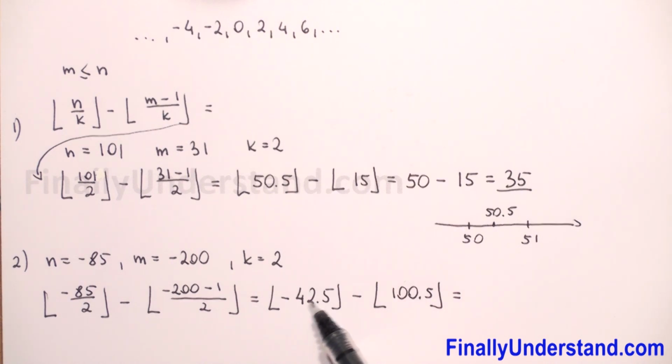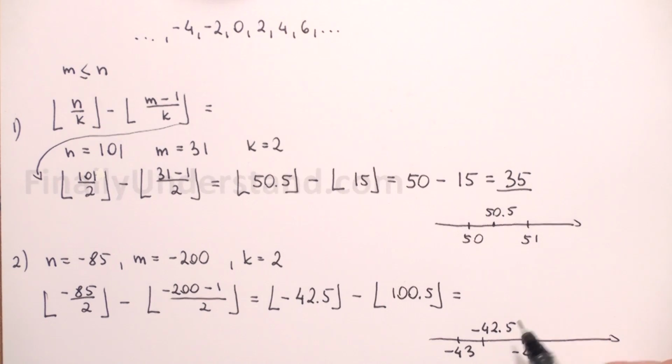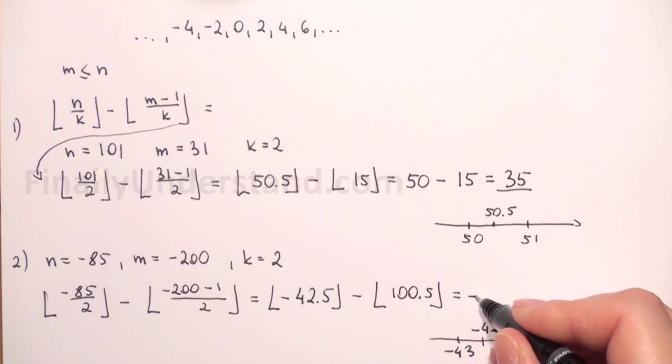You can always draw a number line and find between which integers this number is. So we have -42.5, which is between -43 and -42. So the largest integer which is less than this number is -43.